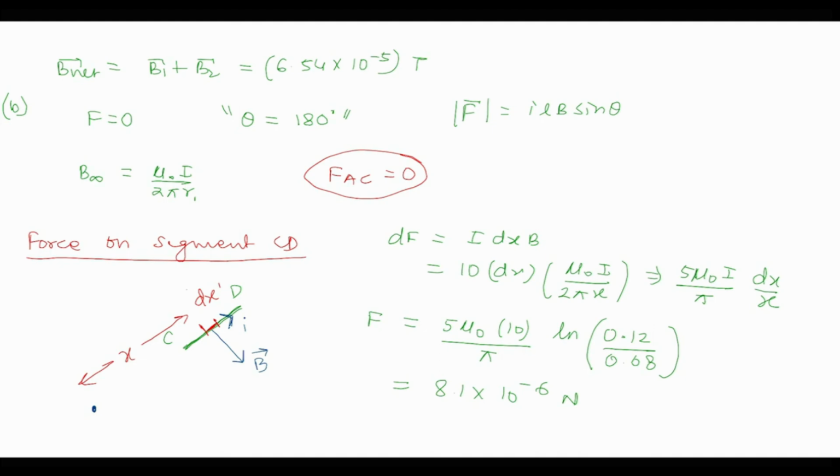We place our fingers in such a way that the index finger points in the direction of the magnetic field, the middle finger points in the direction of current in wire CD, and my thumb will be pointing into the plane of the screen. So this is the magnitude of force which is acting on CD.